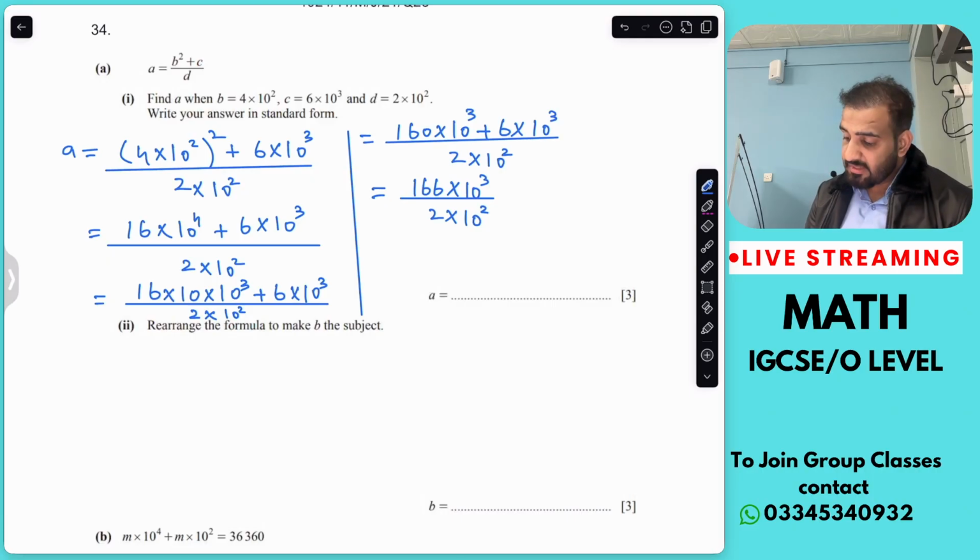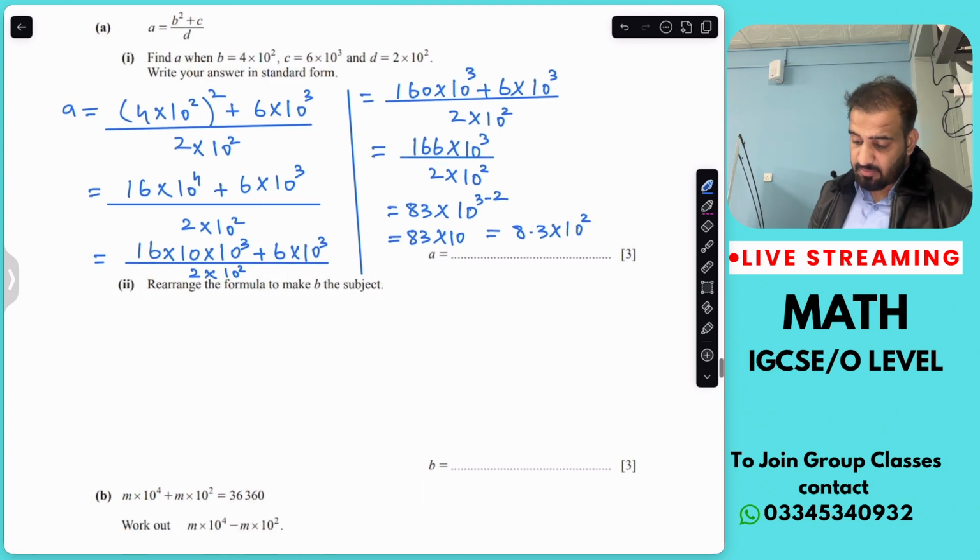So how you will do that? You simply divide 166 by 2. So that is 83 multiplied with 10 raised to power 3 divided by 10 square. So 3 minus 2. So 83 cross 10 raised to power 1, which will be written as 8.3 cross 10 square. So that's it.